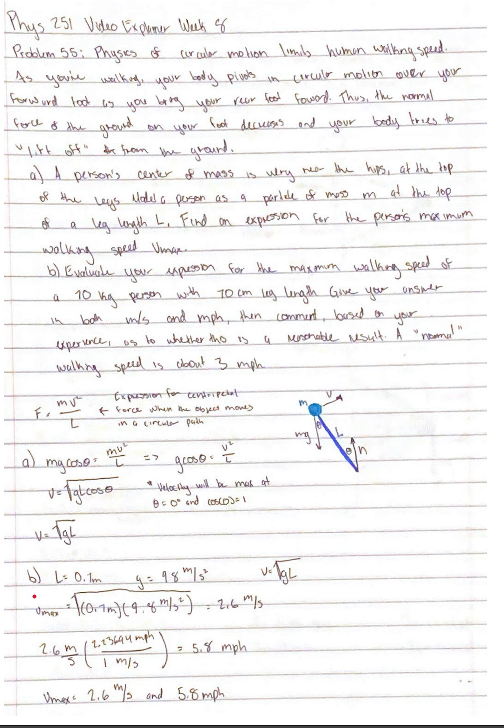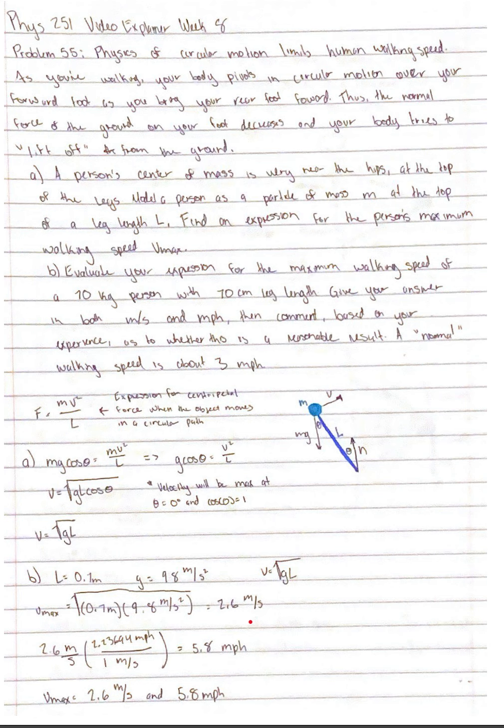And so for part B, all we're really going to do is plug in 0.7 meters, which is equivalent to 70 centimeters, for L, and then for gravity, obviously 9.8 meters per second squared, and we're going to plug it into the equation we solved for in part A. And when we do this, in this step right here, we get 2.6 meters per second.